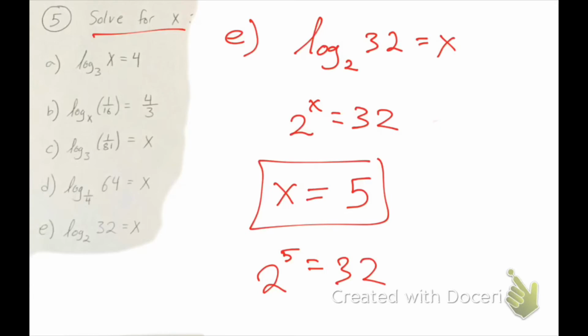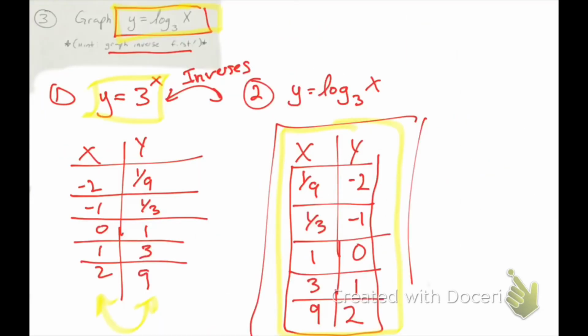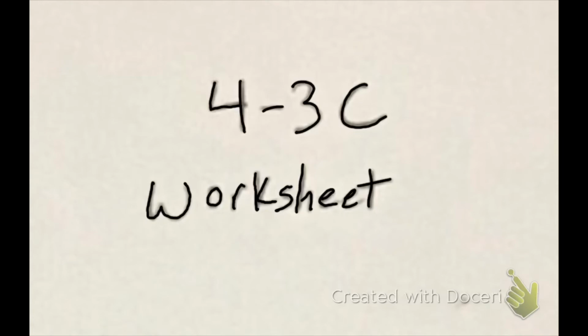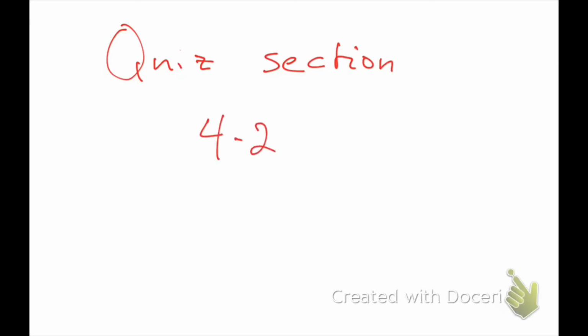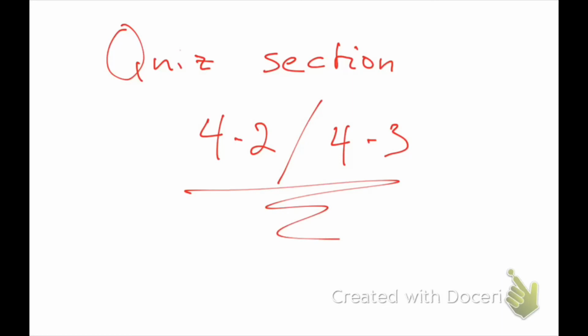Alright, so that's the worksheet, all the solutions to the worksheet. The quiz is going to be tomorrow on sections 4-2 and 4-3. So it's going to be on both. So make sure you guys review 4-2 and the section on 4-3.